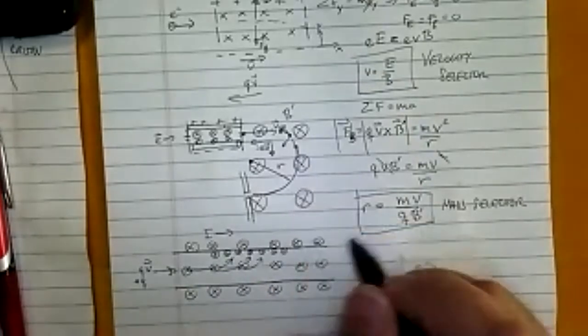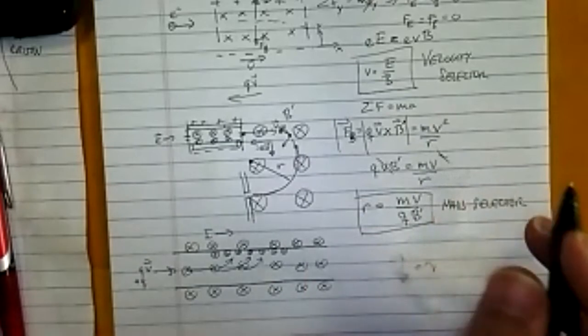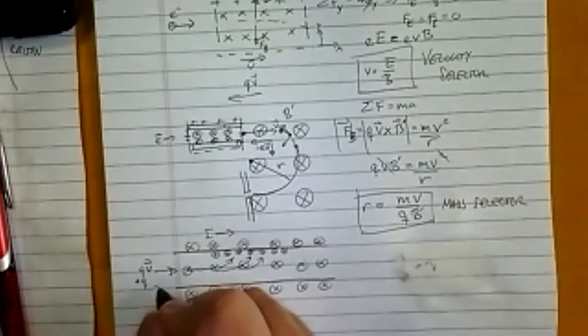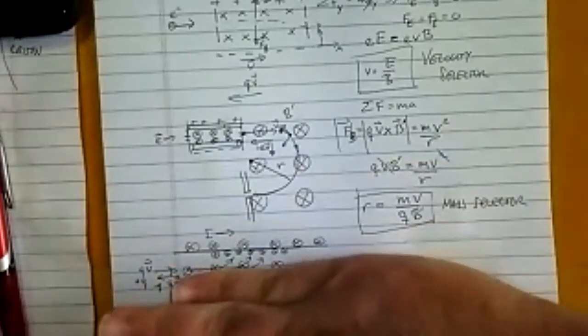Now, what happens if it's actually negative charges? So if we had a negative Q, in other words, like electrons, then QV would point this way. Now QV points that way, cross it with B, that means I have to put my hand this way, and I see it's pointing down.